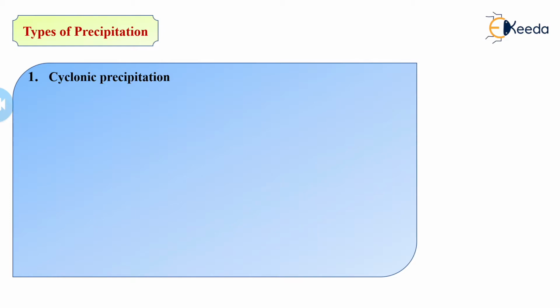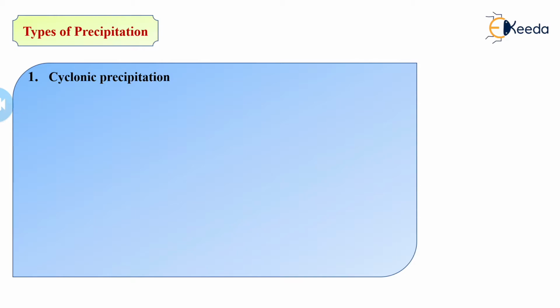Generally, this type of cyclone will occur on the surface, and sometimes on the surface as well as on the water surface also. And sometimes it is in the reverse manner, meaning the reduced diameter part will be at the upper side, and the enlarged diameter part will be at the lower side. When this chimney-like section occurs because of a low pressure area, it is known as a cyclone.